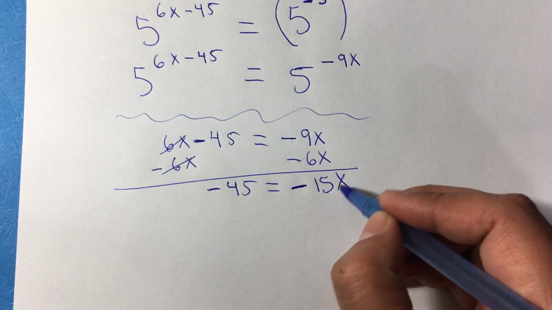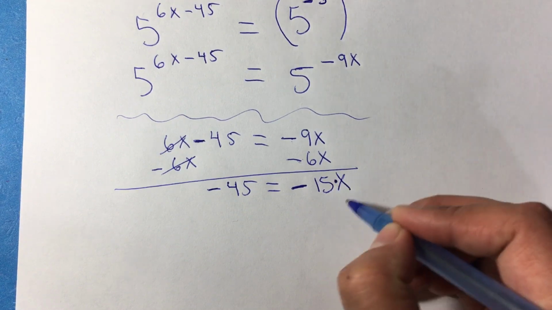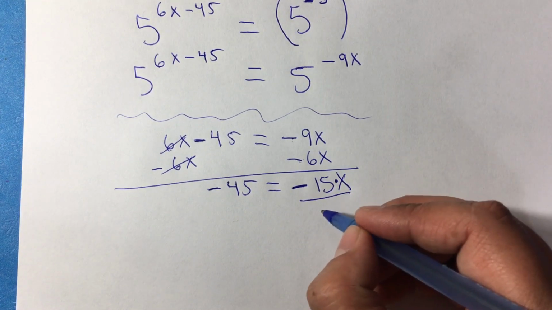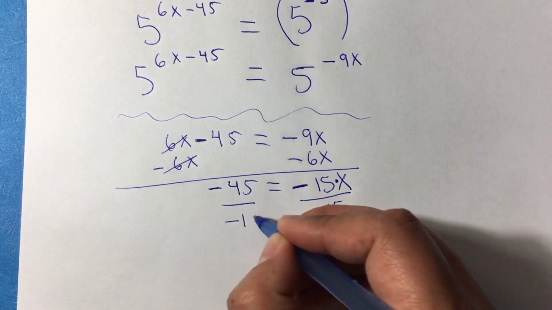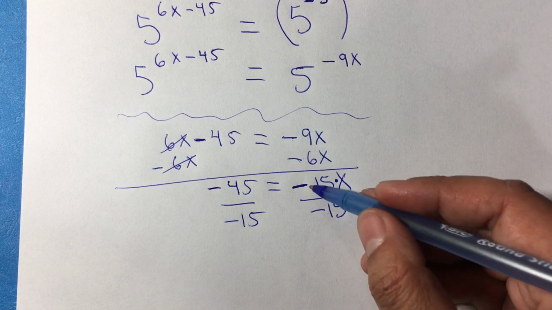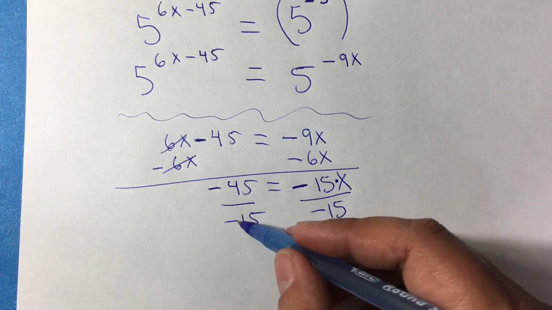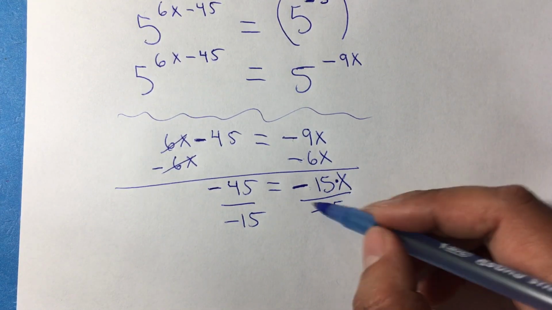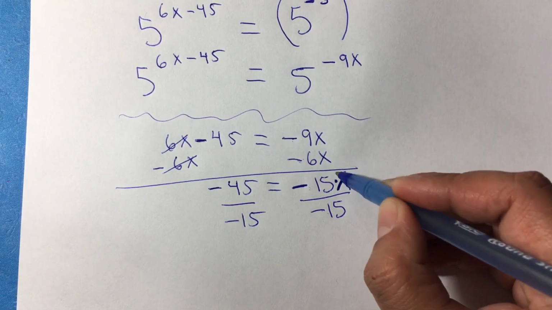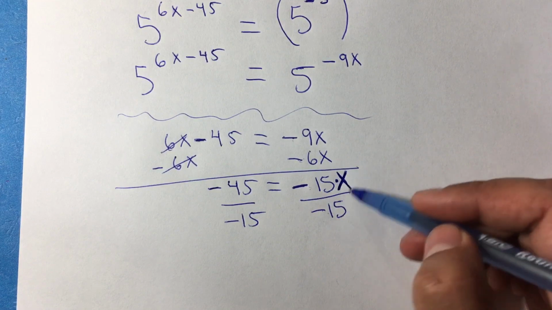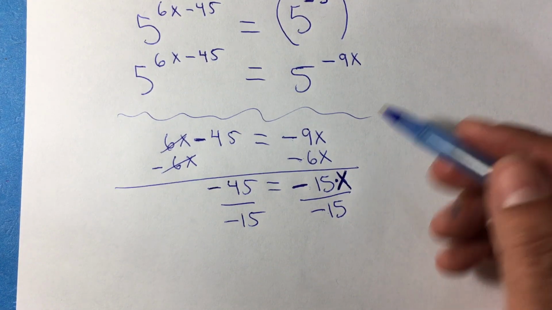Finally, to leave x by itself, to isolate x, if this is multiplication, the opposite is to divide. Remember, in division, we carry the negative with us, okay? The sign stays the same here, here, and here. Why did we divide on this side? Because what we're trying to do is get rid of the numbers that are on the side of the x, okay?